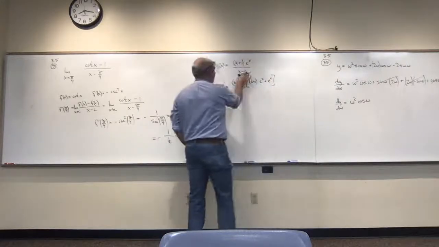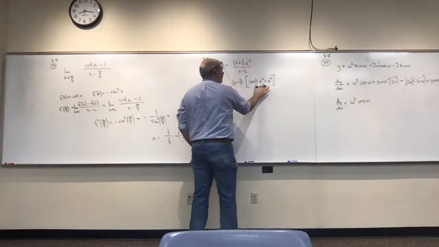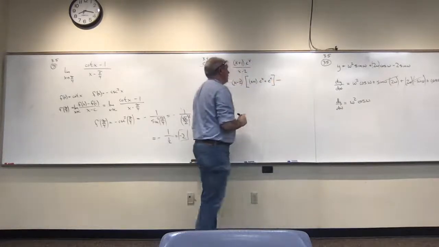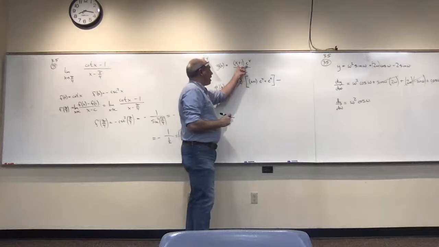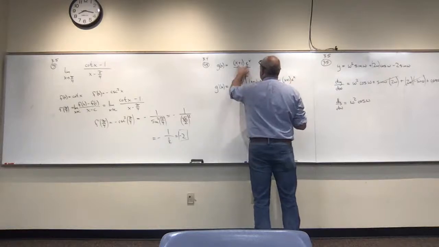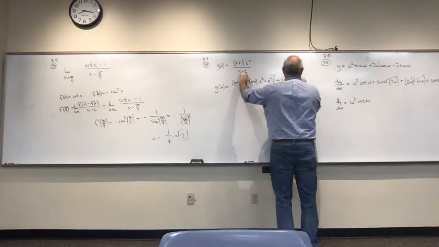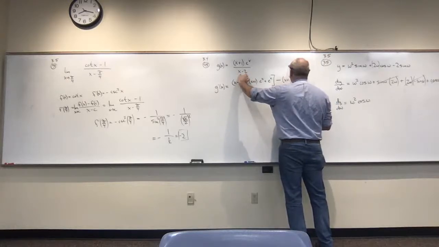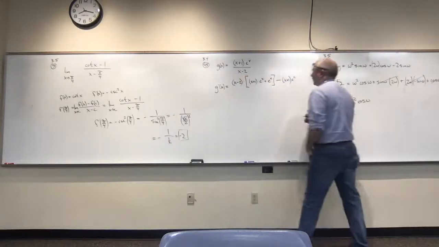So far I've got the bottom times the derivative of the top, and then minus the top, which is x plus 1 times e to the x, times the derivative of the bottom. The derivative of x minus 2 is just 1, so I can leave that as is.